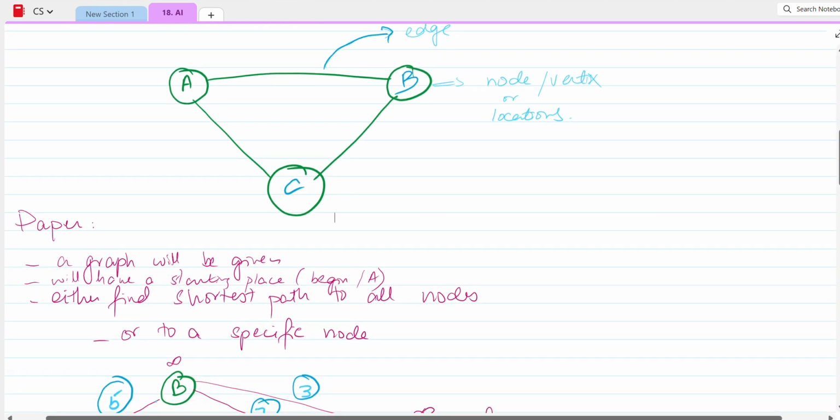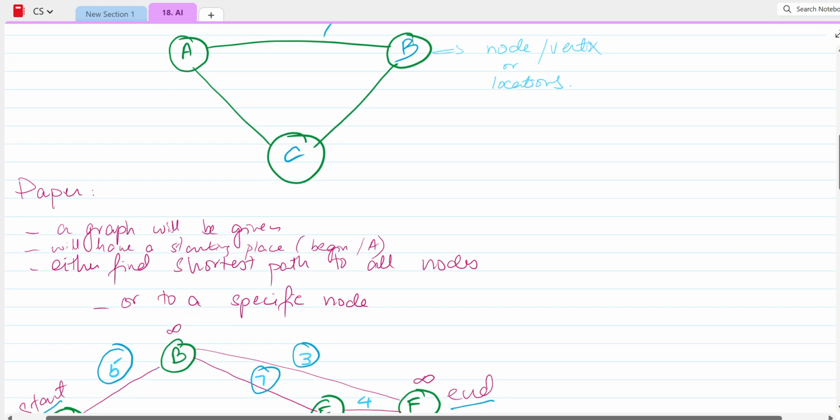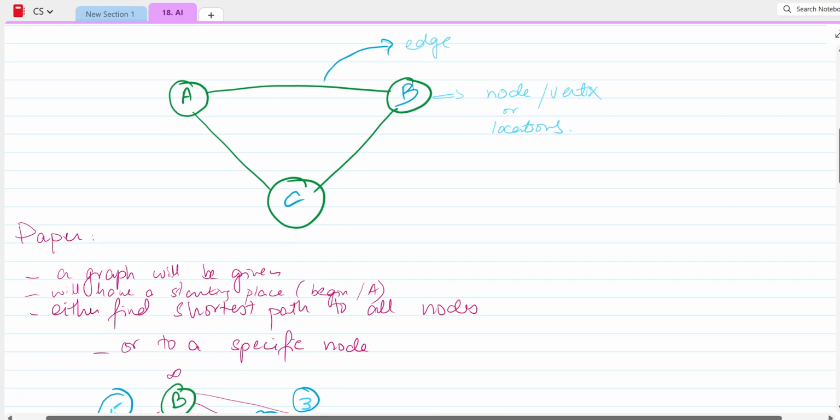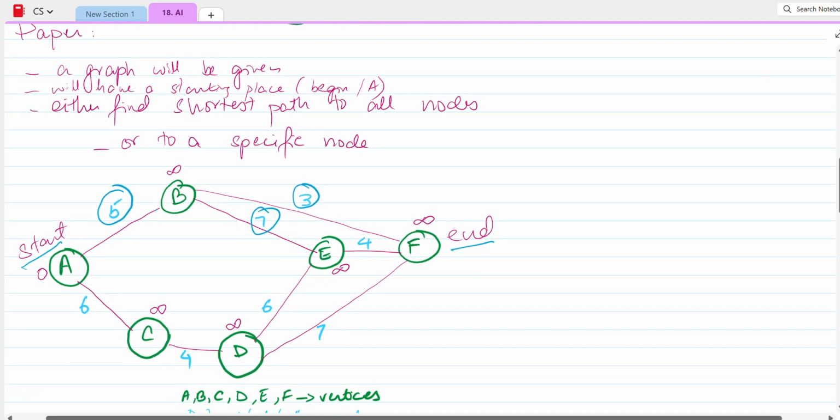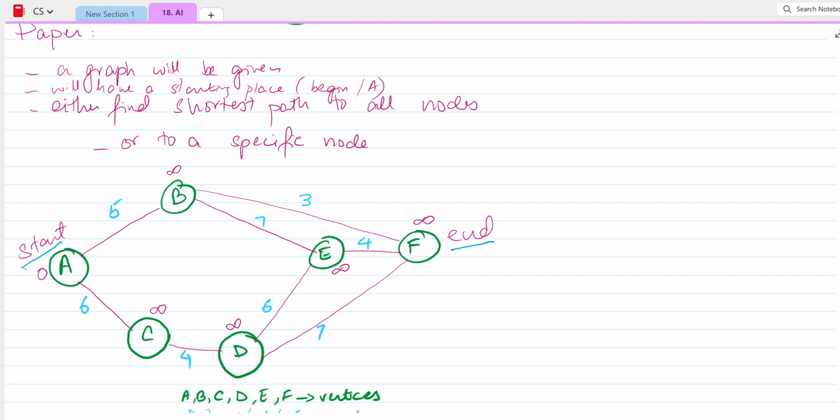Now in the paper you will be given a full graph, and you will be told about a starting node and the ending node, and you will have to either find a path from the starting node to the ending node, or to all the nodes you have to find one value. Now these numerical values are called costs.